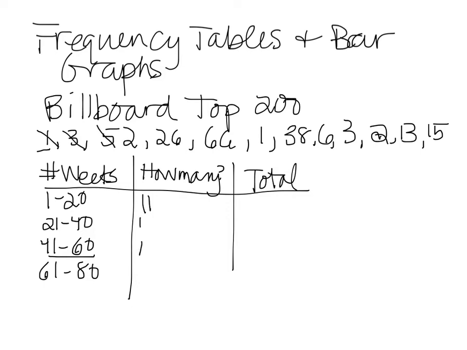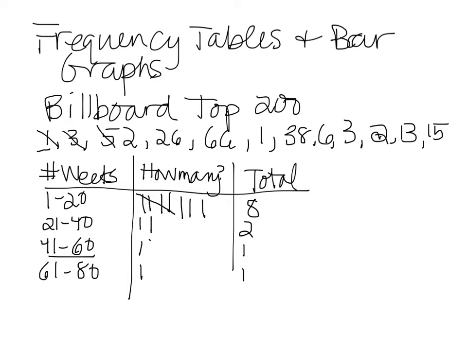Then 26 belongs here. 66 belongs here. 1 belongs here. 38 belongs here. 6 belongs here. 3, now when I'm doing a tally, I put the fifth one like that. 2 also belongs here. 13 and 15. So there is a tally. There are 8 of these, 2 of these, and 1 of each of those.